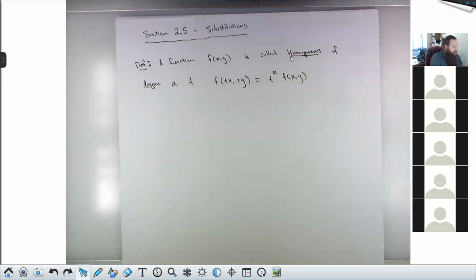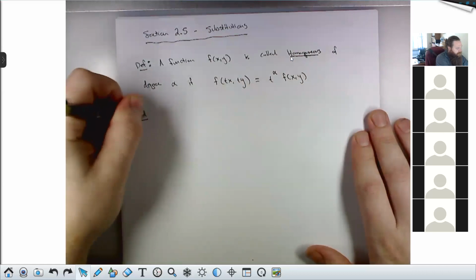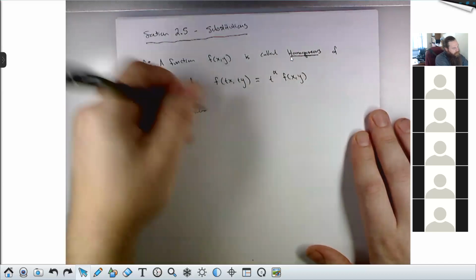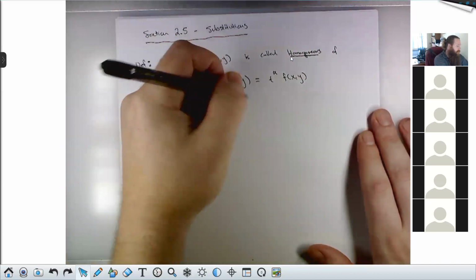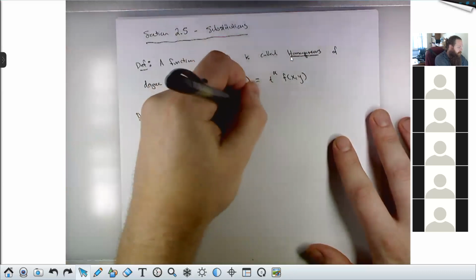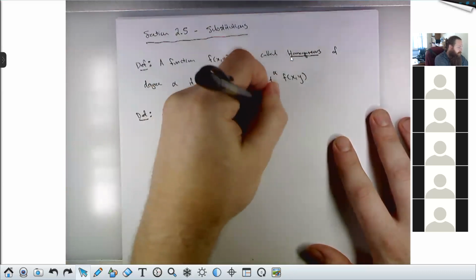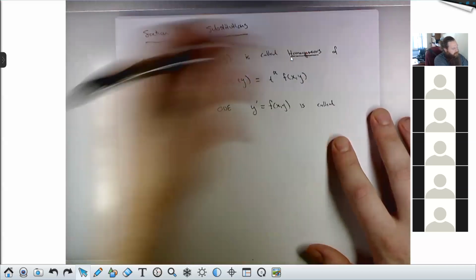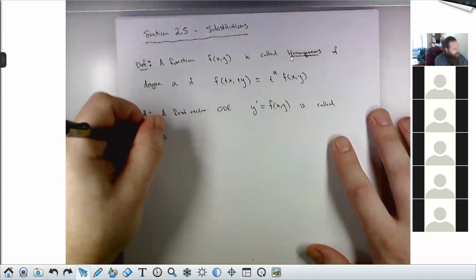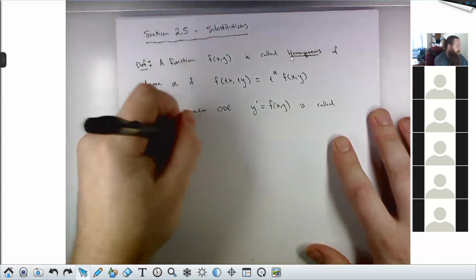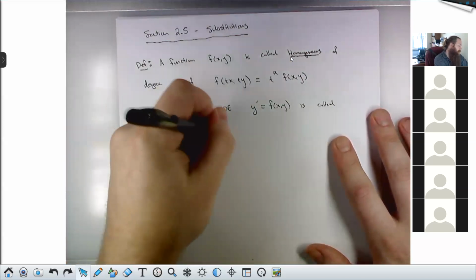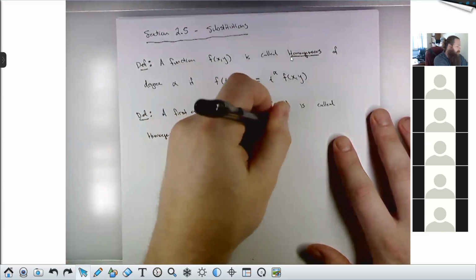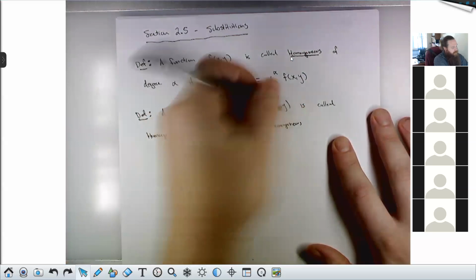A homogeneous differential equation, a first order ODE, which remember is an expression like y prime or dy/dx equals f of x, y, is called homogeneous if the function f is homogeneous of any degree.